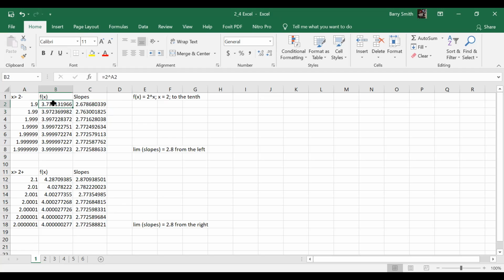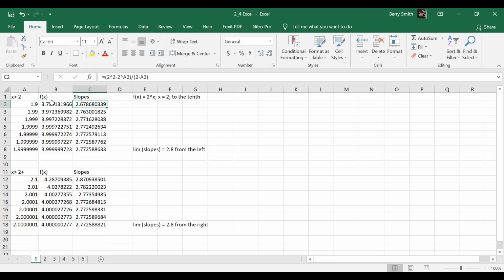Then I took 2 to the 1.9, arrow up to A2, which is this position. My slope was f of x minus f of a over x minus a. So it was 2 to the second, because that's what we're looking for, minus 2 to the 1.9, divided by 2 minus 1.9, and that gives me the answer.